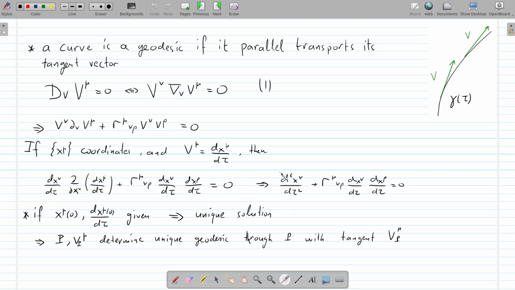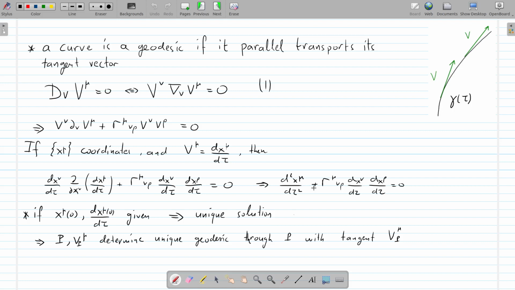Now the first term is nothing but the second derivative of the coordinates. And we see that this is a second order set of differential equations for the functions x mu.